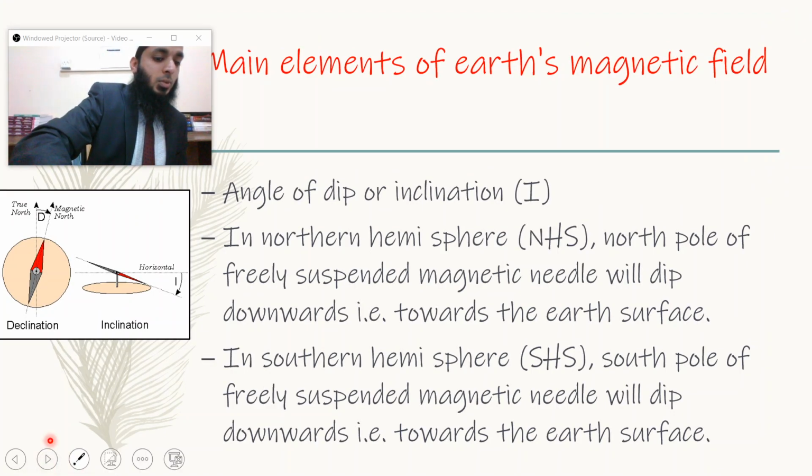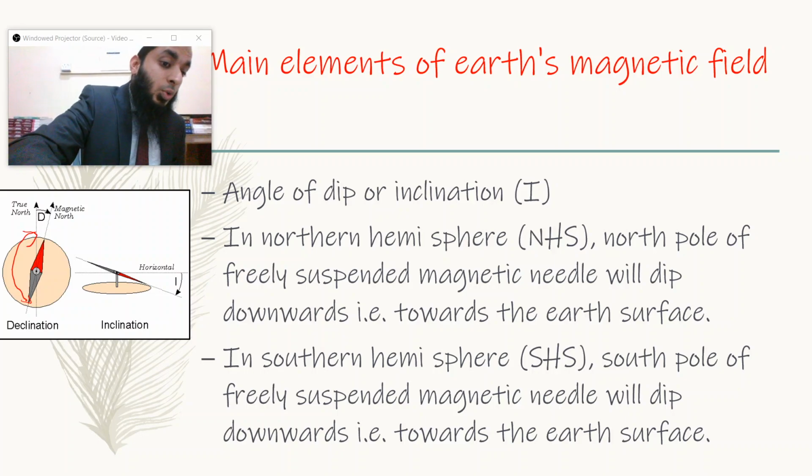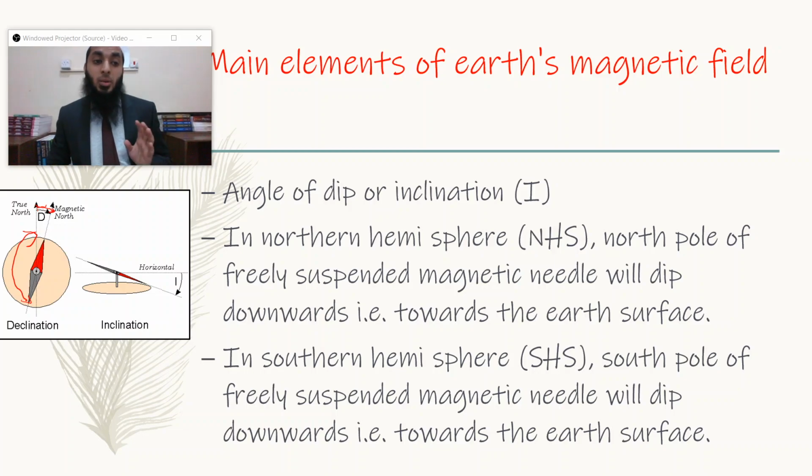So let me take the pen. So we could have also measured this angle, right? But this would have been an obtuse angle. So the definition is clear. It should be the acute angle between the magnetic meridian and the geographic meridian.